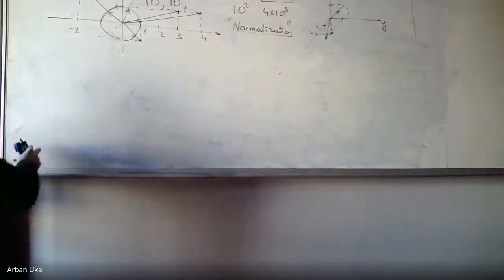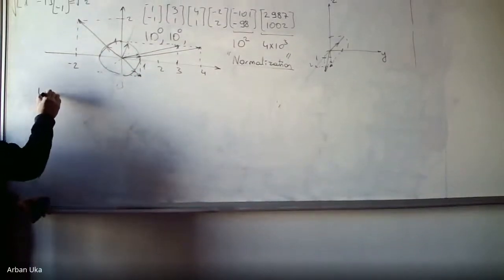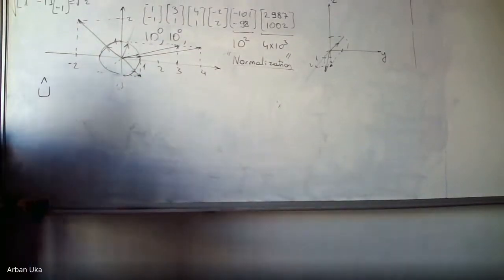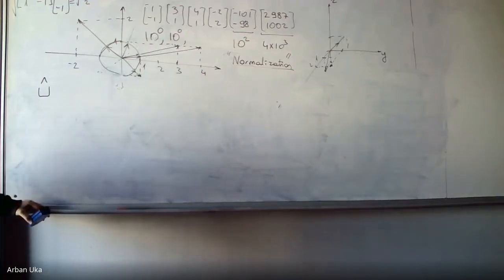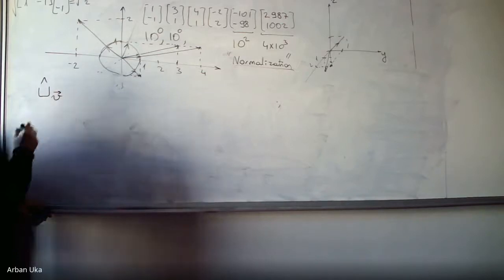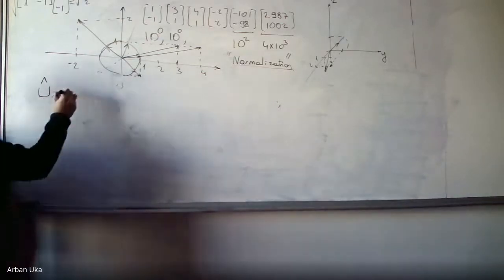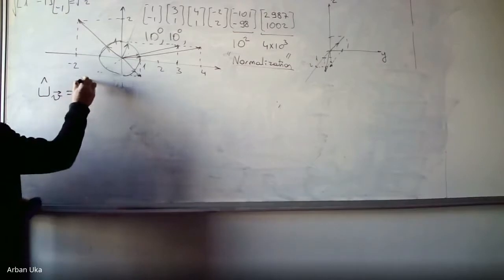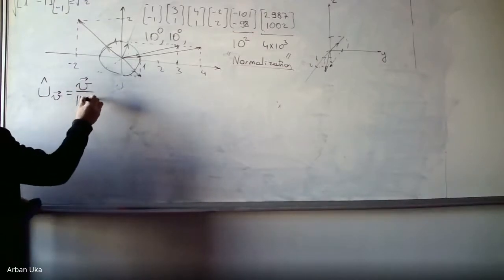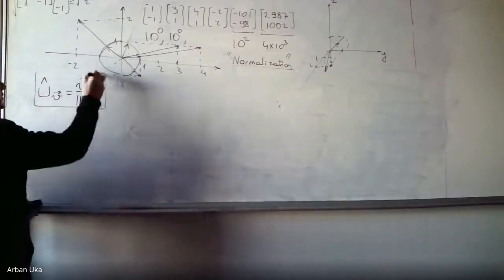Normalization is obtaining a unit vector. Let me write a unit vector. We denote it like this because it has a magnitude of 1. The unit vector corresponding to vector v is equal to vector v divided by the magnitude of vector v. Okay, so this is the definition.